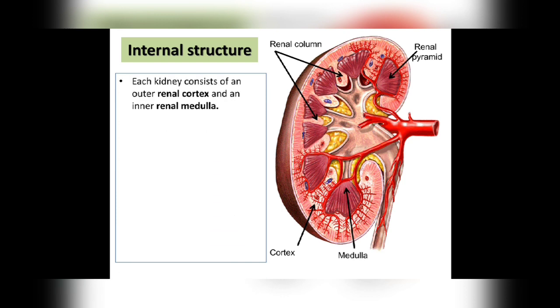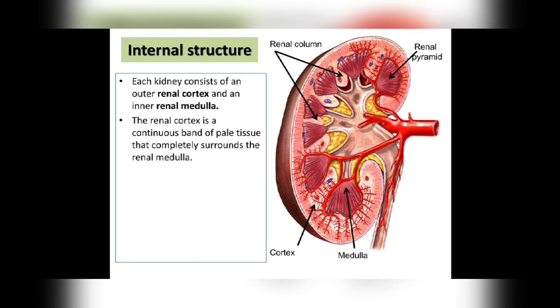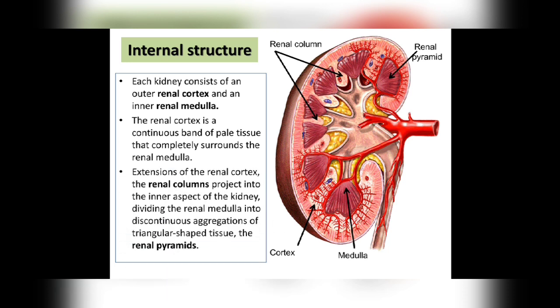Internal structure of the kidney. Each kidney consists of an outer cortex and inner medulla. The renal cortex is a continuous band of pale tissue that completely surrounds the renal medulla.